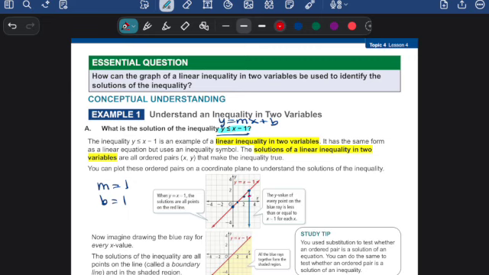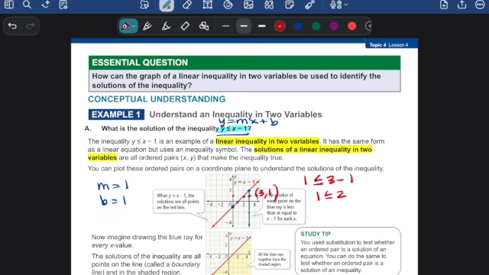X is still 3, but now my y value is 1. 1 is still less than. So if I plugged in that value of y, I'm going to write this out. We're going to look at this point right here, 3, 1. 1 is my y variable. 1 is less than or equal to 3 minus 1. Is this a true statement? Yes, 1 is less than or equal to 2. So that point would work.